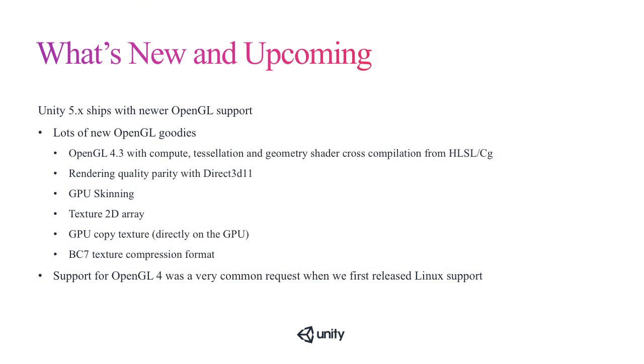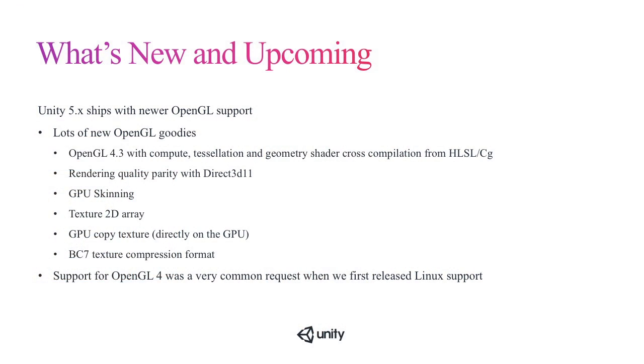One thing that's already out there is that Unity 5.x ships with newer OpenGL support. Is there anybody in here who is only using Unity 4 and has not used Unity 5 for anything yet? Okay, that's good too. Unity 5 ships with a lot of new OpenGL goodies.